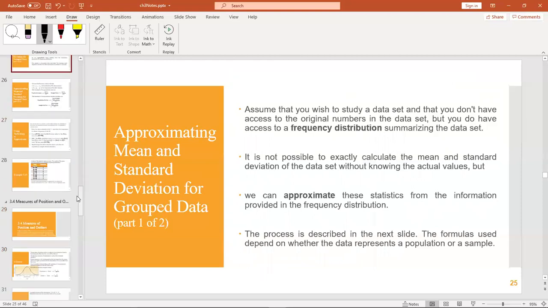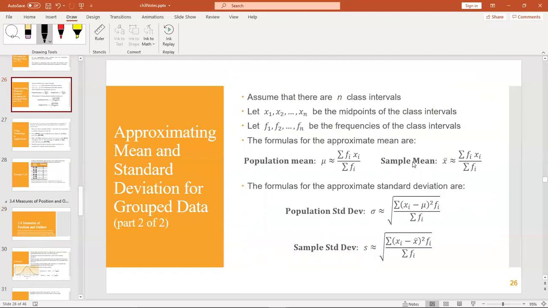So we're going to talk about how you would do that. So essentially, you're going to have the population mean. It's going to be the sum of all the frequencies times the midpoints of the class intervals.